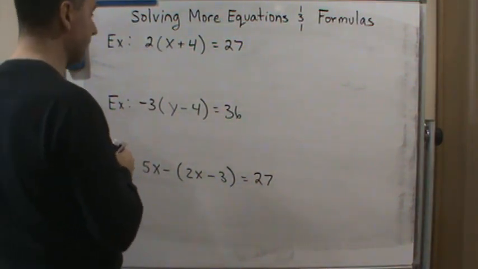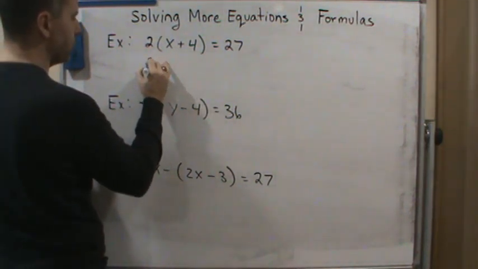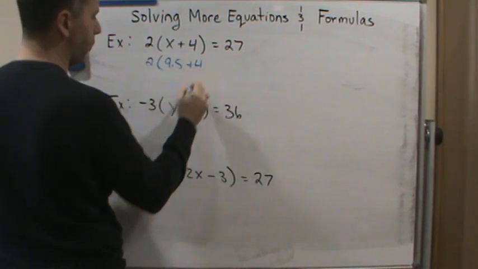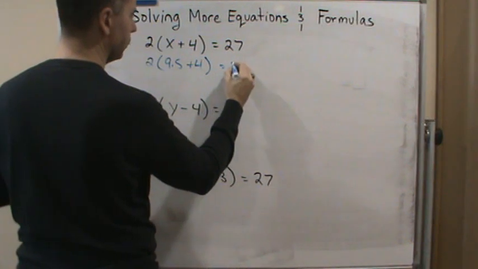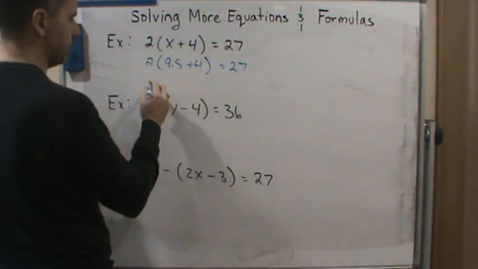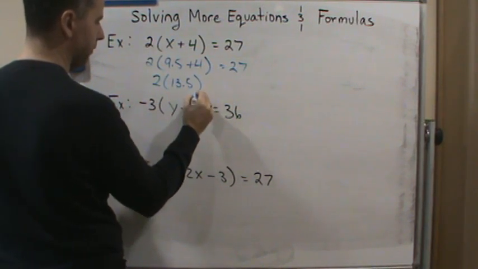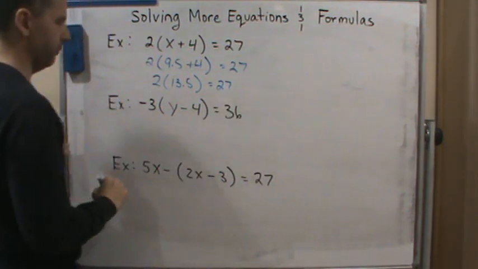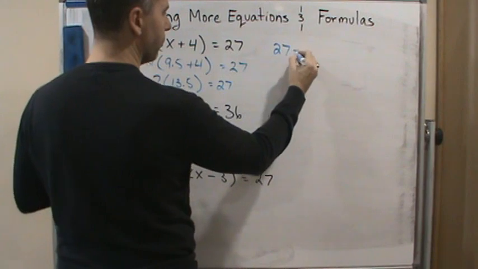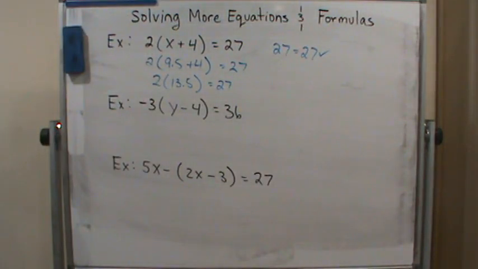Now if we stick in 9.5 for x, we get 2 times (9.5 plus 4) equals 27. And so we do what's in parentheses first, so we get 2 times 13.5 equals 27. And then 2 times 13.5 is 27, so we get 27 equals 27, and it checks.